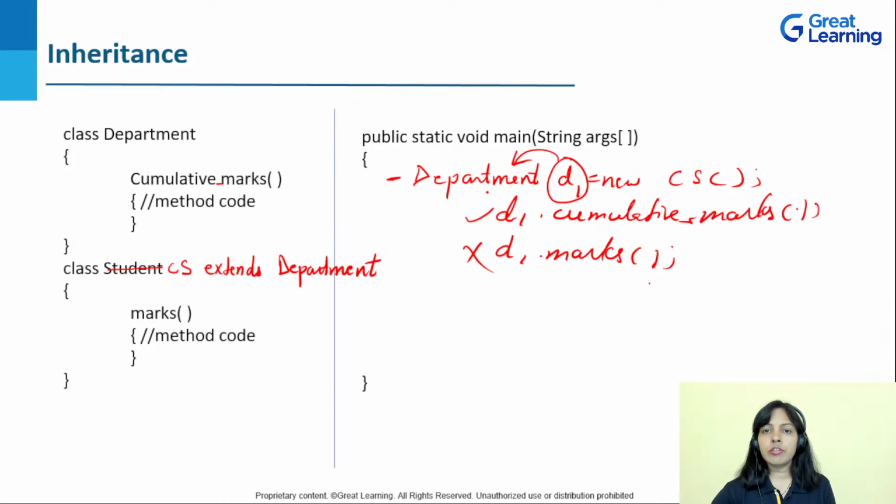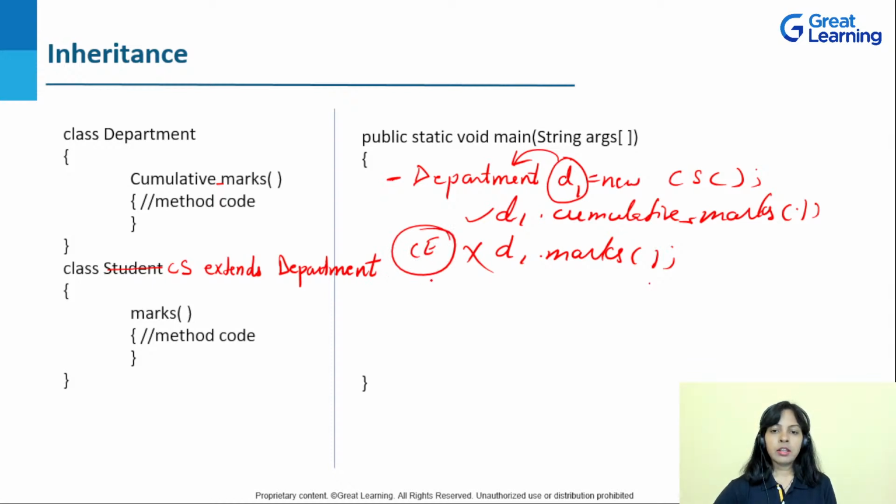So the object is of department class, then how can you call the child class method? You cannot. Although I'm using the constructor of child class to initialize it, that doesn't mean that D1 becomes the object of child class. Getting it? It will be the object of parent class, that is department class only. That's why D1 dot marks will throw a compile time error.